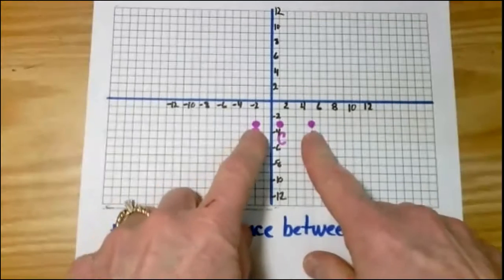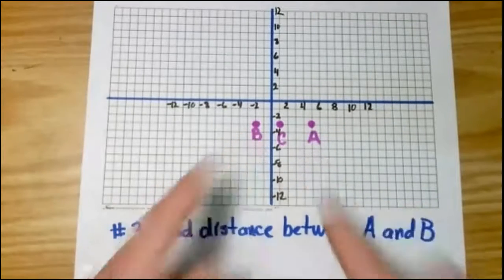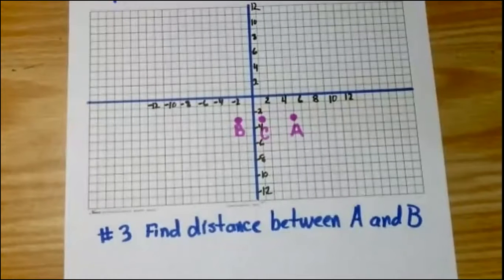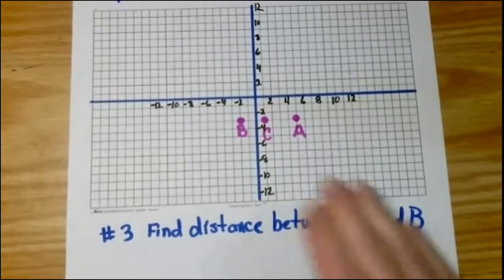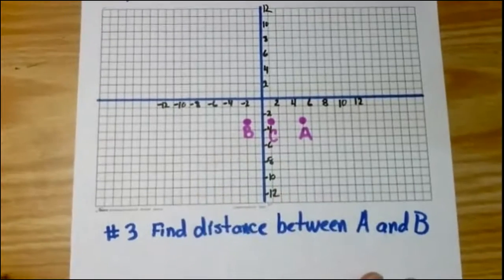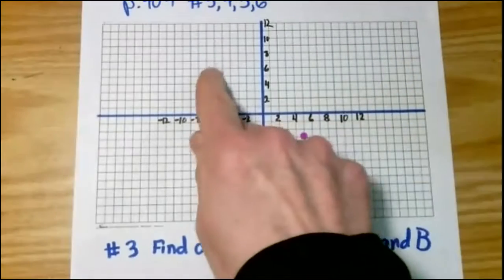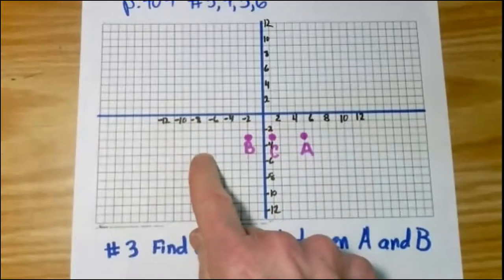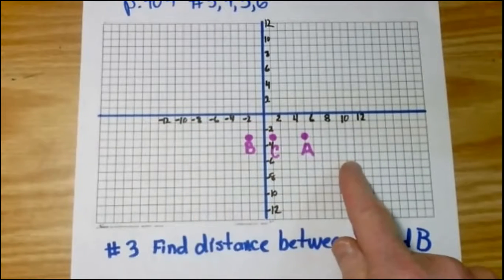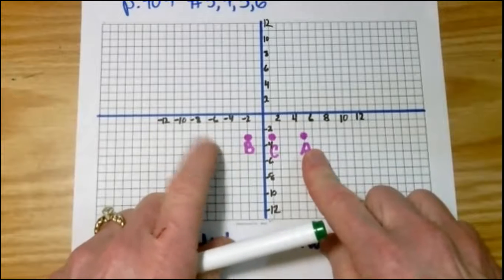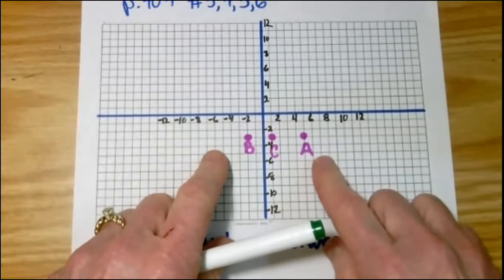Okay, let's see, how would we do that? We have to find the distance here between A and B. Because these are in different quadrants, remember how I said this was quadrant 1, quadrant 2, quadrant 3, and quadrant 4. This is in quadrant 3 and this is in quadrant 4.